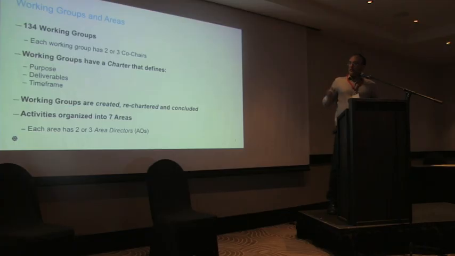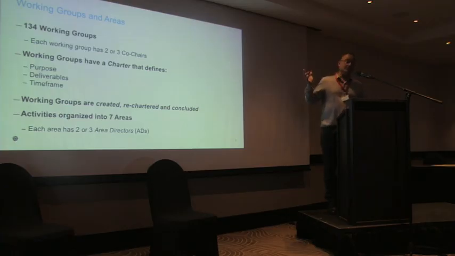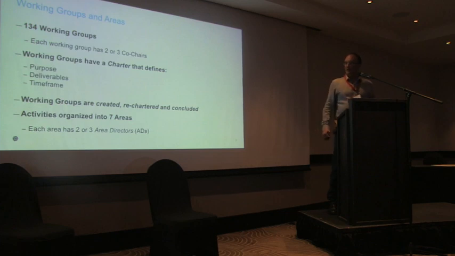There are different working groups. Some focus on very specific areas, some on much broader areas, some have been going for a very long time, and some have a very short lifetime. They're there to do specific pieces of work and then be wound up. There are about, at last count, 134, and that was verified by Fred Baker the other day.